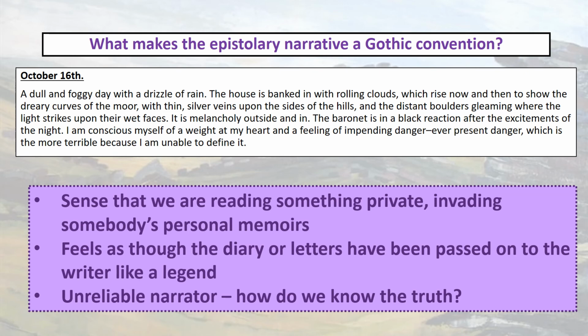And we get that in this little section of the extract. He says, "I'm conscious myself of a weight at my heart and a feeling of impending danger, ever-present danger, which is the more terrible because I am unable to define it." So we're dealing with a narrator here who's very, very scared and aware of the danger around him.